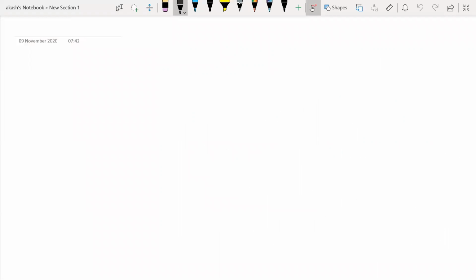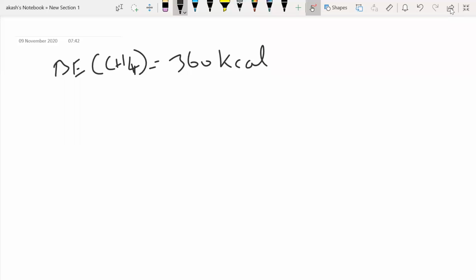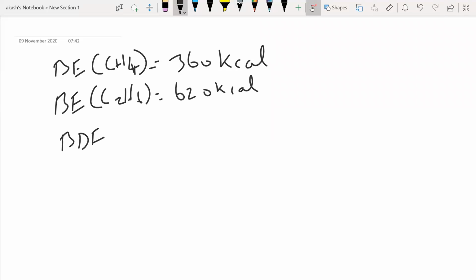So next problem. Now they are asking, when the bond energy or bond enthalpy of CH4 is given to be 360 kilocalories per mole, and also they have given the bond enthalpy of C2H6 to be 620 kilocalories per mole, what is the bond dissociation energy of the CC single bond?